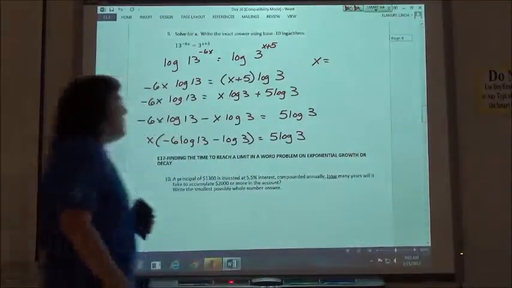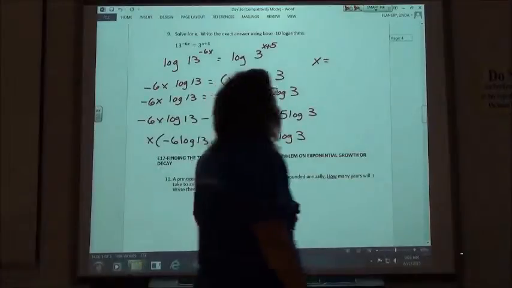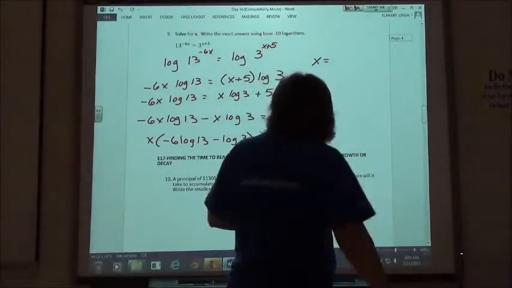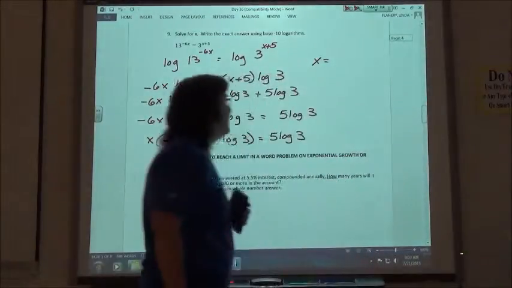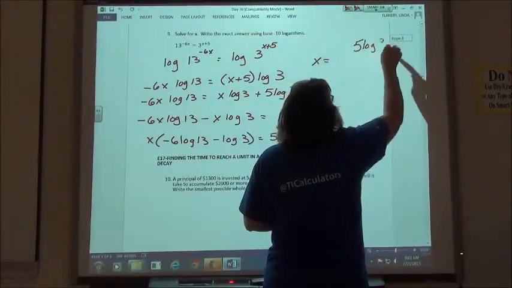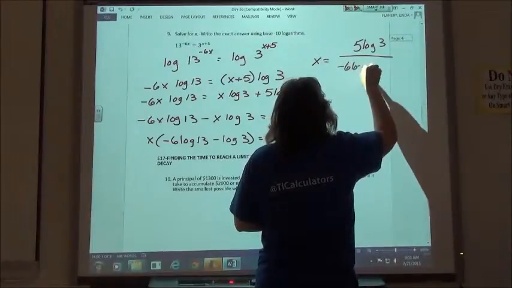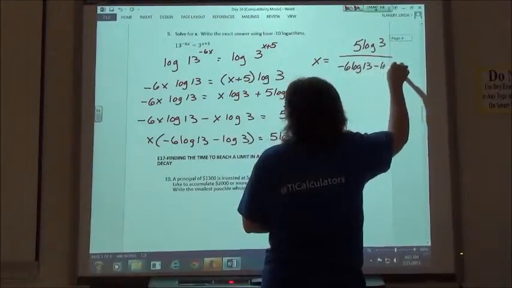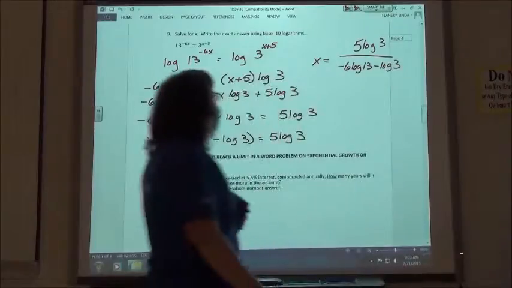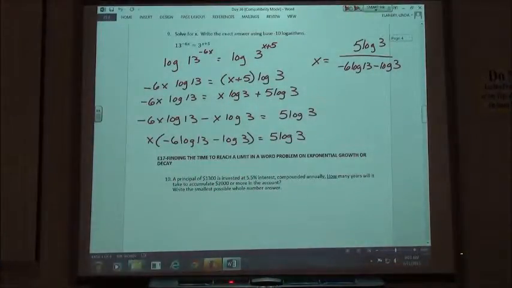So x is going to be equal to what? X equals 5 log of 3 divided by negative 6 log of 13 minus the log of 3.